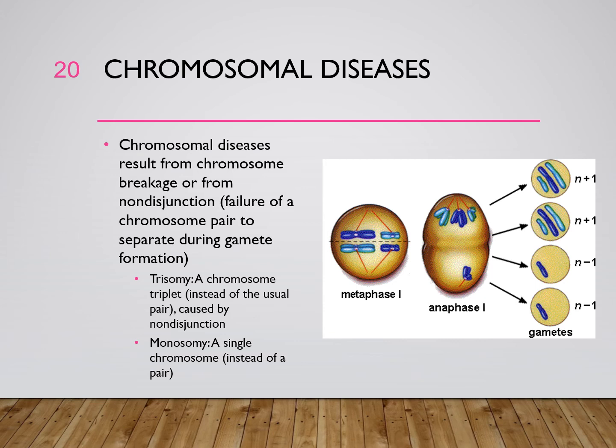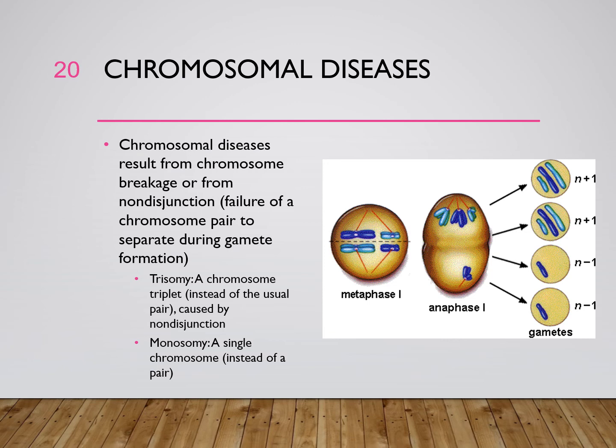So there's two different types, trisomy and monosomy. And remember how we talked about the process of meiosis. In the process of meiosis, we have all of these chromosomes that are lining up at the epicenter, right, at the middle.